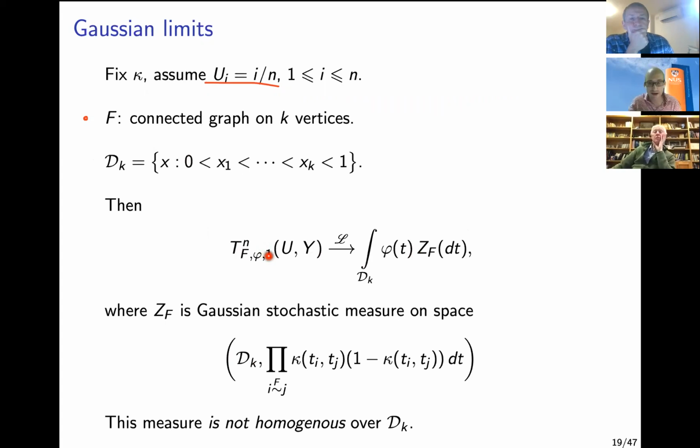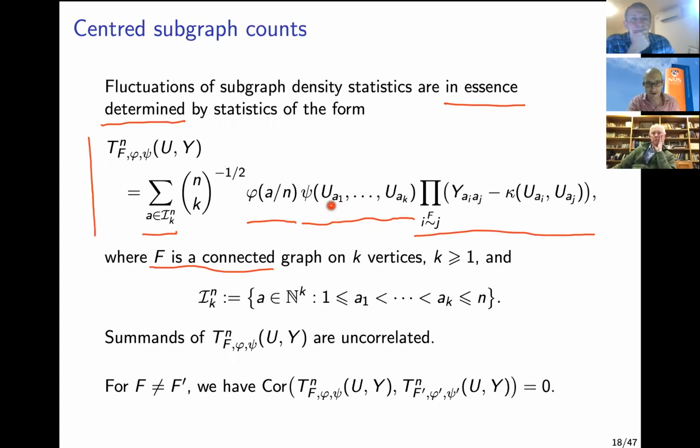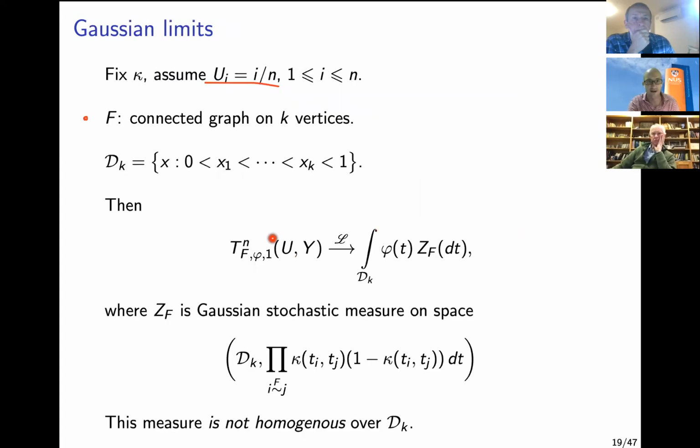I put a 1 here because this is not random, so you can combine it with this. If these are deterministic, you can combine it with that. So in this case, this is not important. But the weight function is still there.